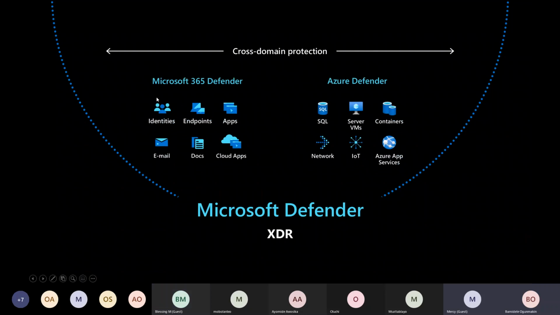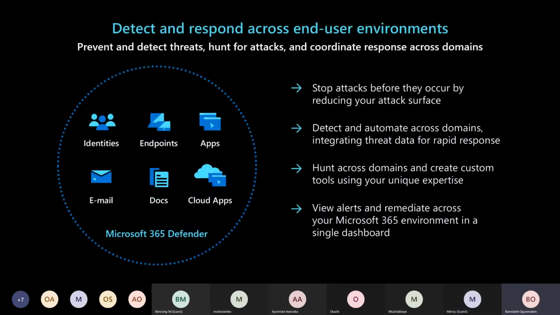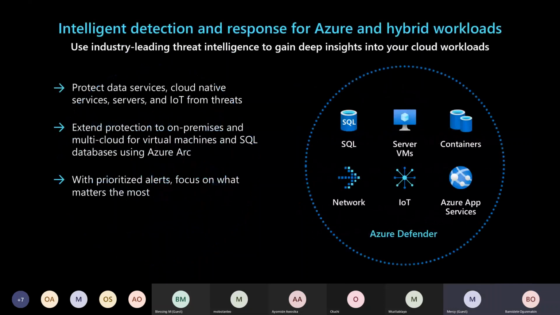So when we talk of identities, we're talking of Azure Active Directory, external identities, and on-premise identities, which is where you get Azure Active Directory and the actual on-premise Active Directory.